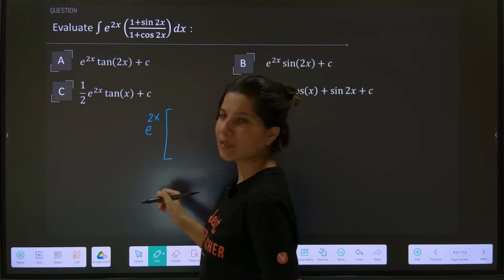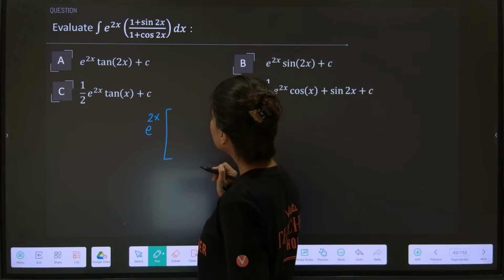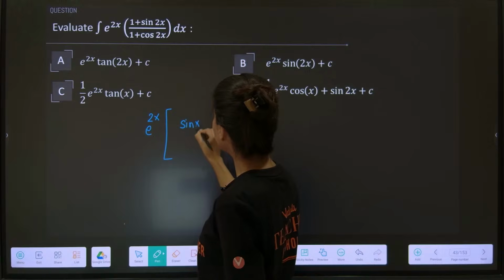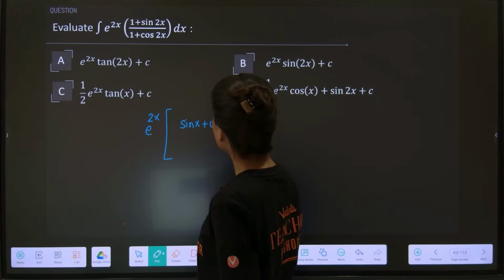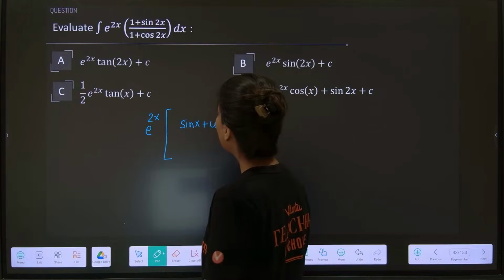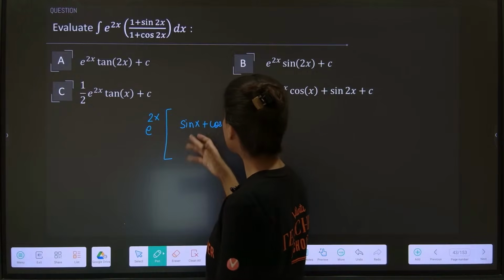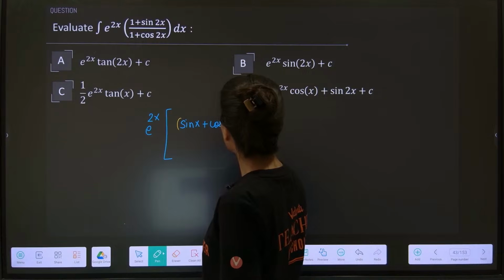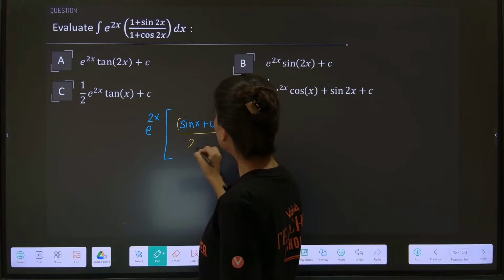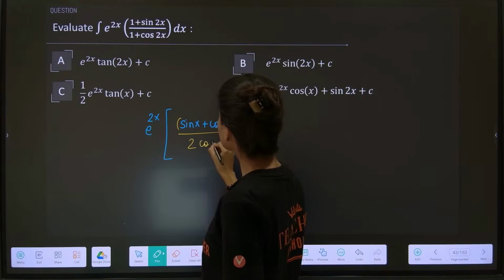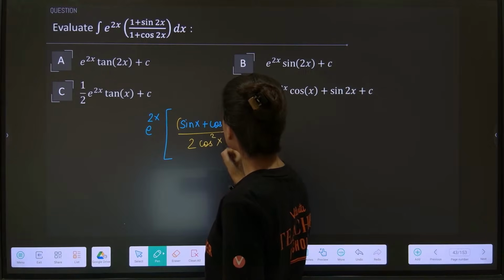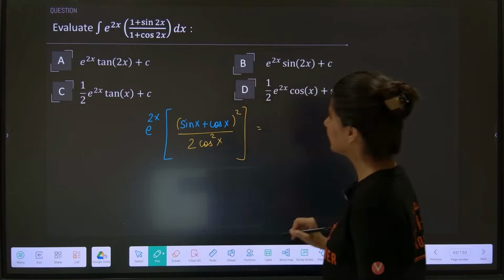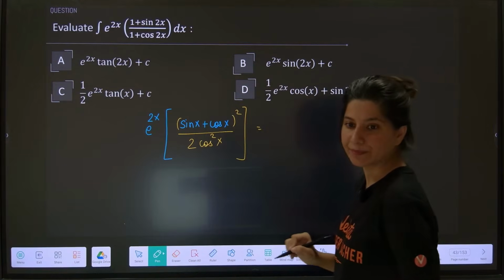Can I write 1 plus sine 2x as sine x plus cos x whole square, and the denominator as 2 cos square x? Yes or no?